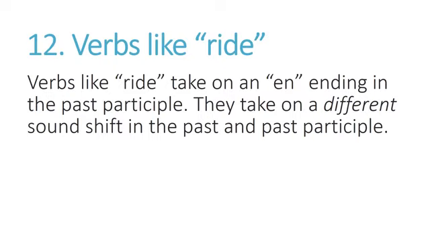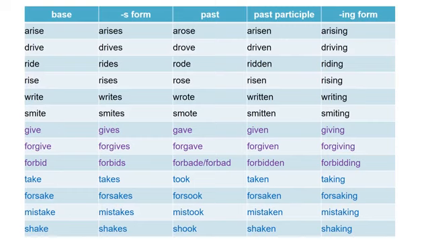Let's start with the verb ride in this case. You'll notice that with ride, it shifts sound in the past, ride, rode, and then it shifts to another vowel sound in the past participle. So it's ride, rode, ridden.